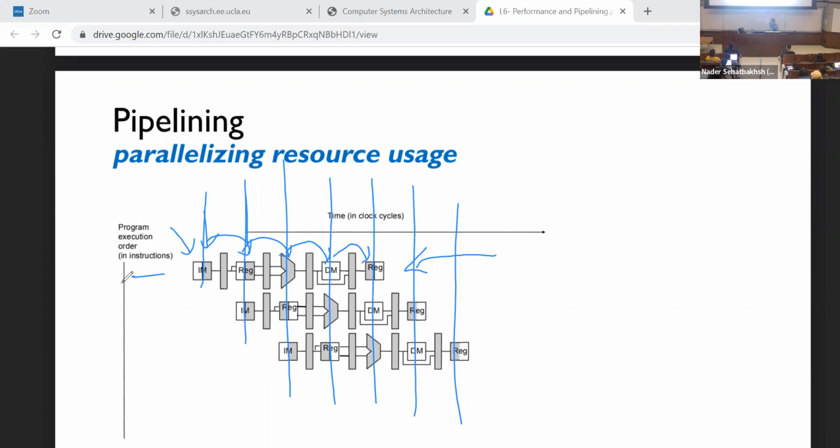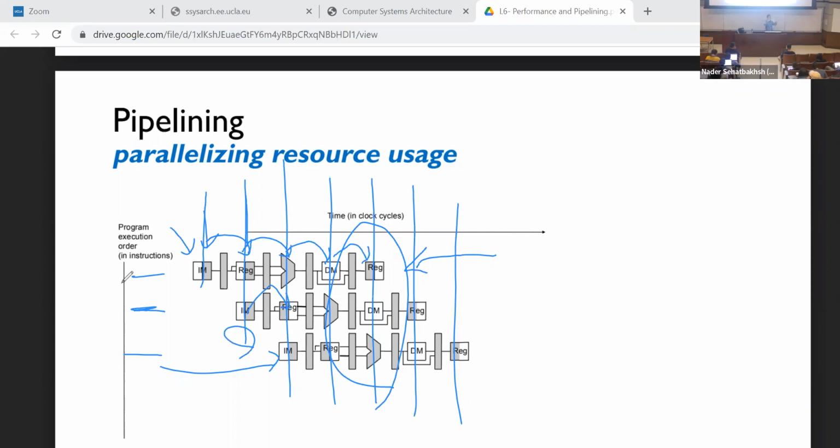But at the same time, in this second cycle, you can fetch a new instruction here, right? And in the third cycle, this one goes into your register file, and this one goes into the fetch, right? So for example, if you look at this point in your program, your first instruction is in the write back stage, your second instruction is in the data memory stage, and your third instruction is in the ALU stage.